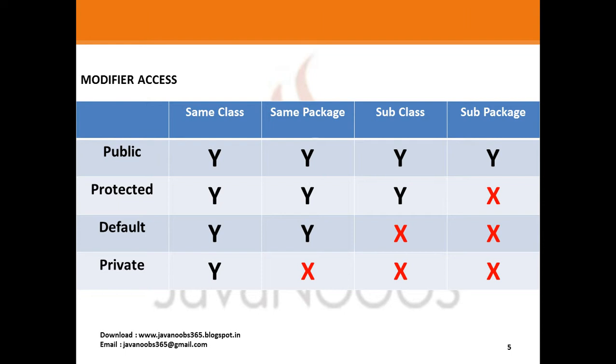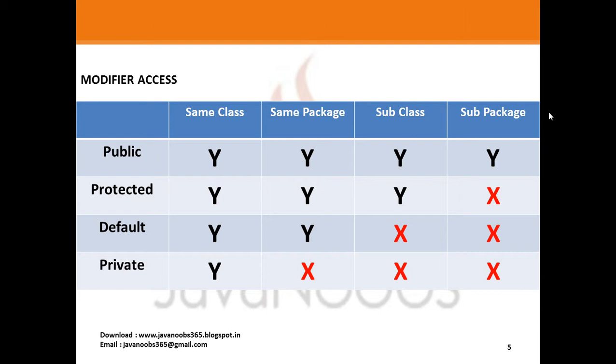You will have to remember this chart because you'll get to know where and how to use these access modifiers. Firstly, public. Public can be used inside the project anywhere. Public can be accessed within the same class, same package, subclass, and sub package. By now, I'm sure you know what same class, same package, subclass, and sub package are.